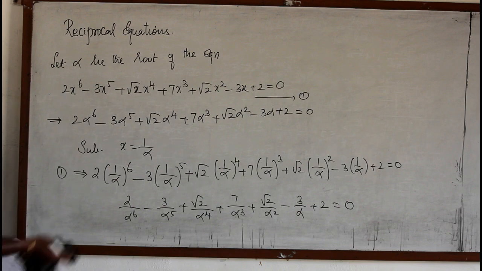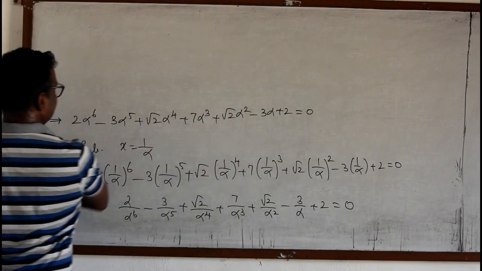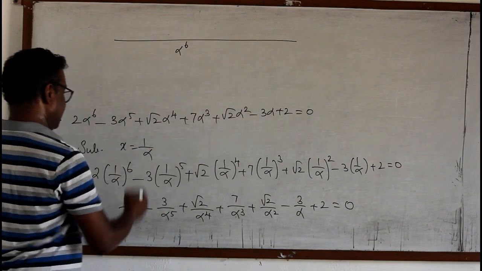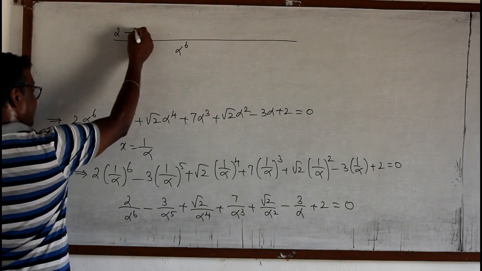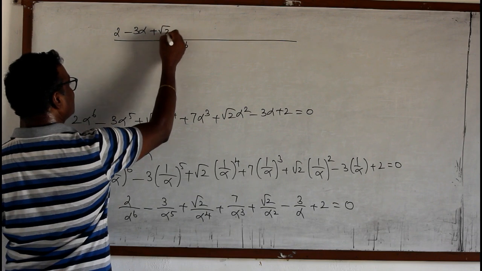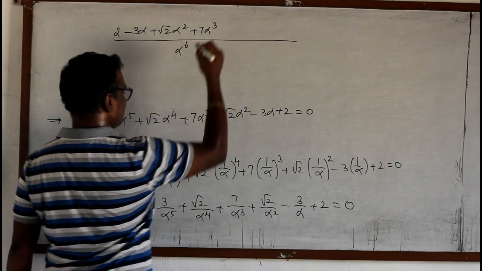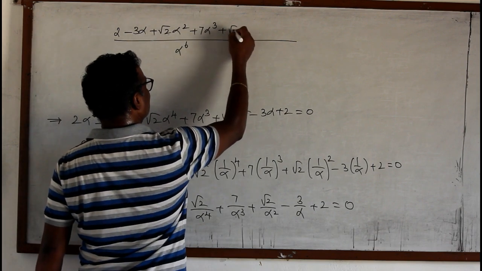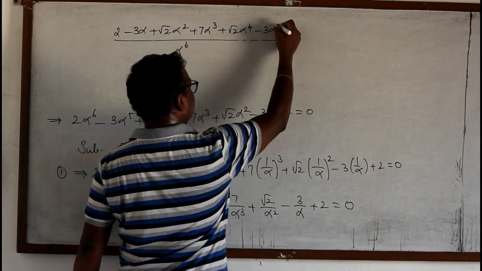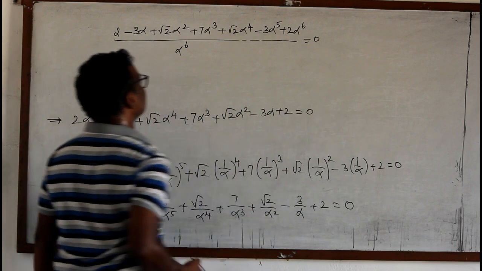Now, if I take the LCM as alpha power 6, then the equation becomes 2 minus 3 alpha plus root 2 alpha square plus 7 alpha cube plus root 2 alpha power 4 minus 3 alpha power 5 plus 2 alpha power 6 equal to 0.